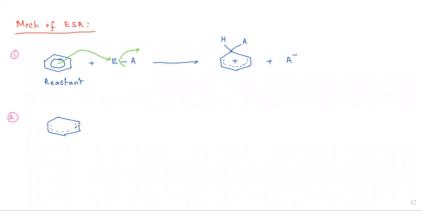Now from this, again the A minus comes into picture, and this A minus takes out hydrogen without the bonded pair, and then this enters into the ring.